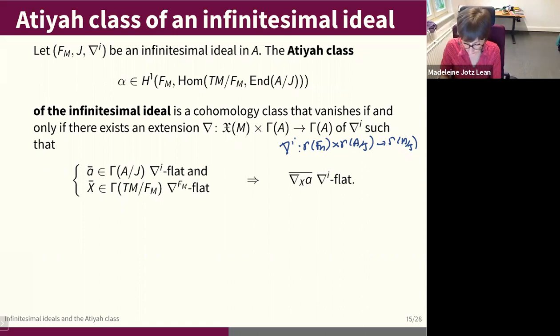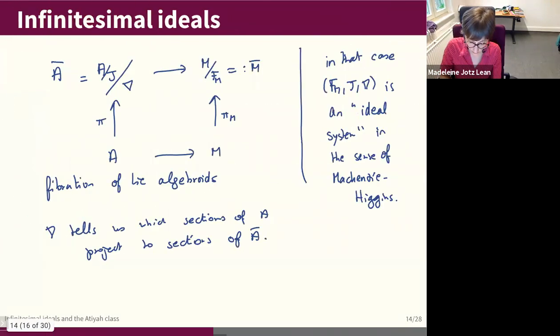But what we can note is, as before, if that guy exists, so if we have a fibration of Lie algebroids, you can take any TM bar connection on A bar, and you can lift it to a TM connection on A that will have to be transversal to the ideal connection, and that will have to have vanishing Atiyah class.